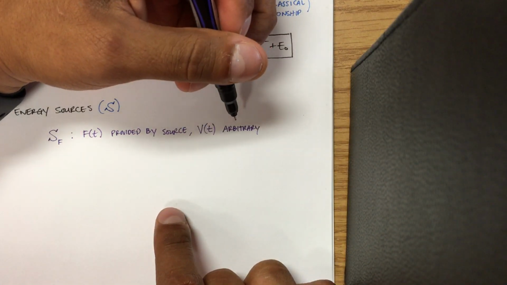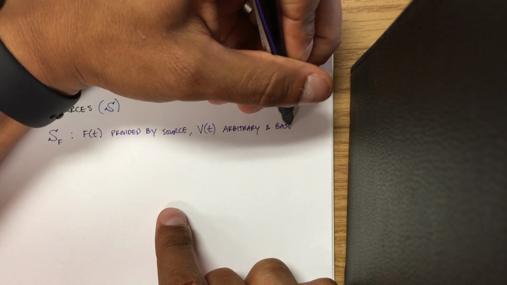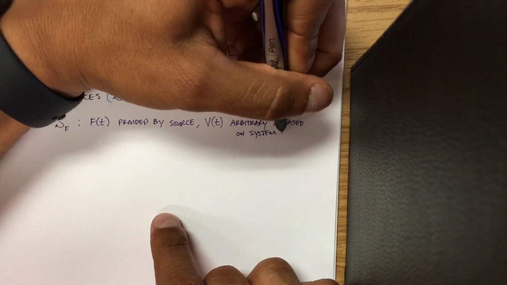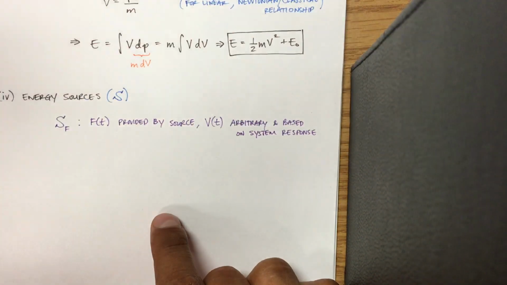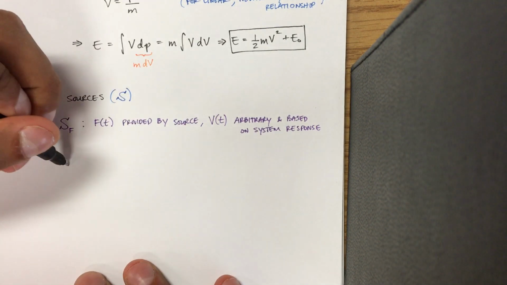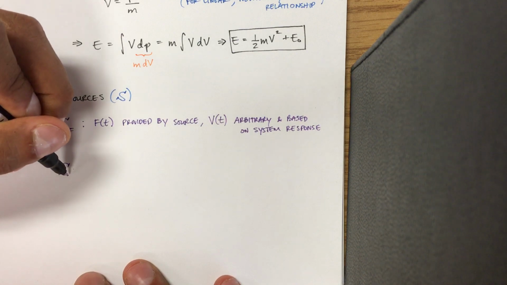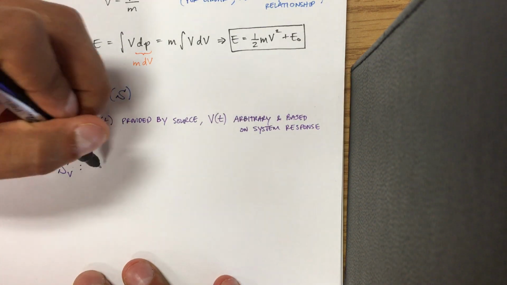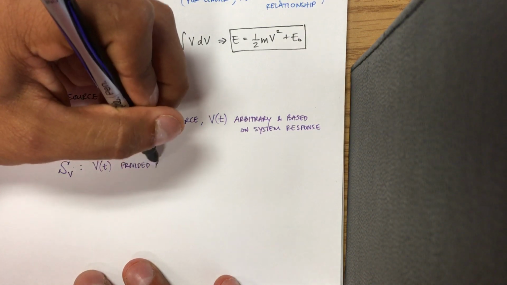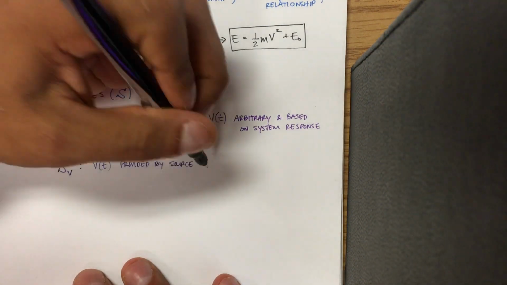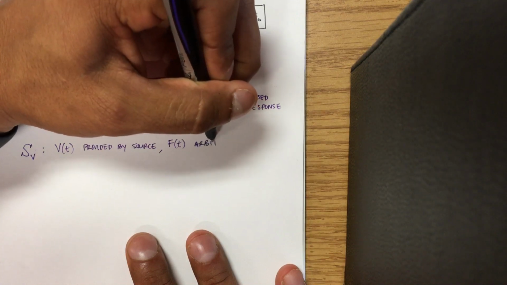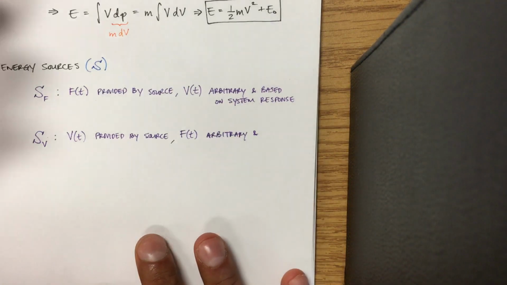And it will be based on, or characterized by, the system response. Okay, and in a complementary way, if instead our source here, S, is our flow variable, SV, then V of t is provided by source, and F of t, our effort variable, will be arbitrary and based on the system response.